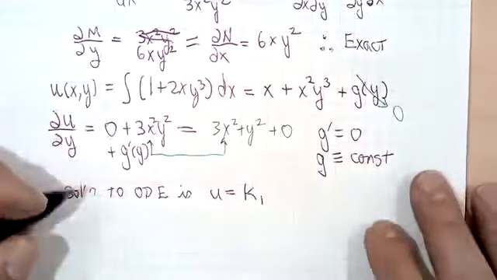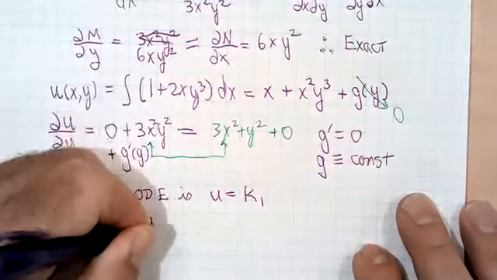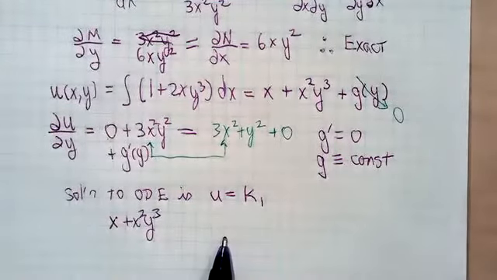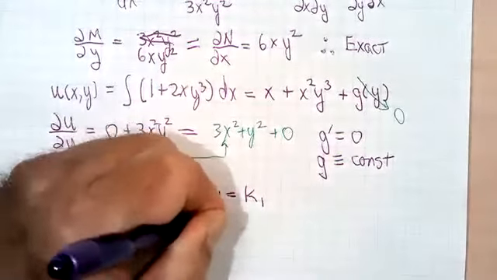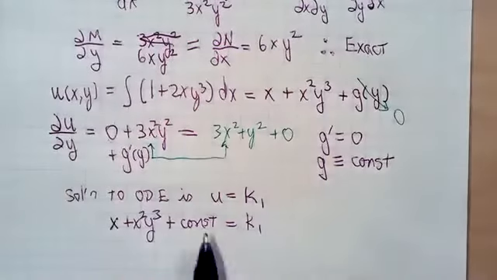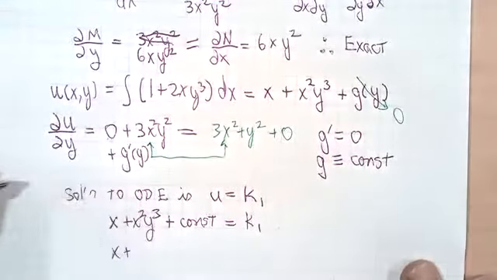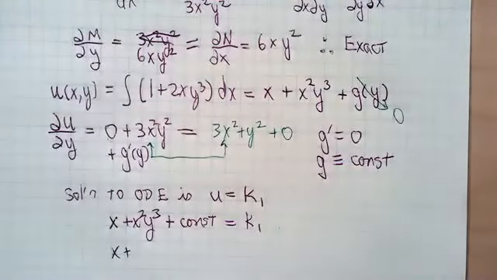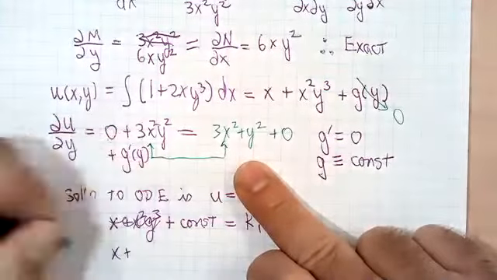And the constant doesn't matter. I'm going to write it out one time with the constant, but then you'll see it doesn't matter. What I know is it has no x's and y's in it, and that's what matters. So I could say this is some constant plus some constant is equal to K1, but then I would take this constant and subtract it from that side, and I have x plus, where is it? Right here. I looked at the wrong one.